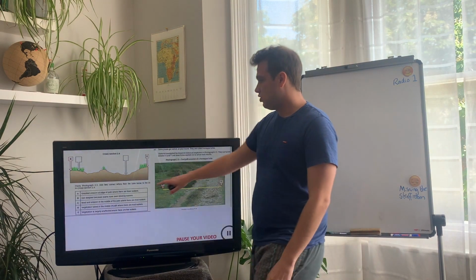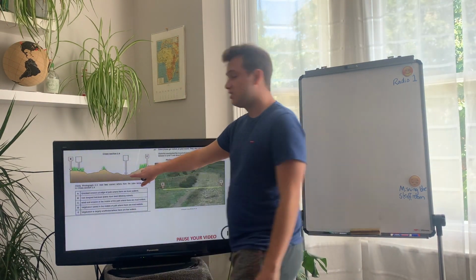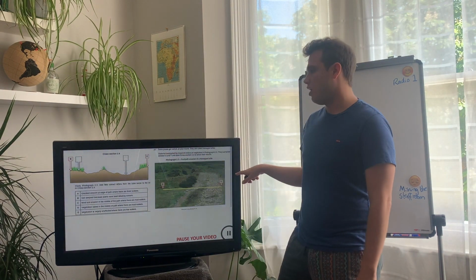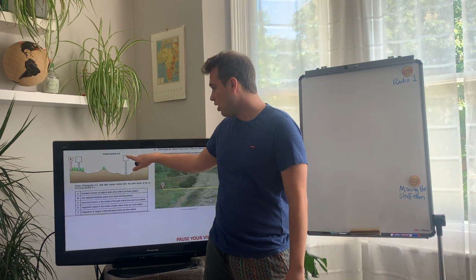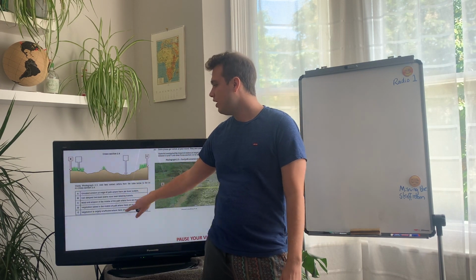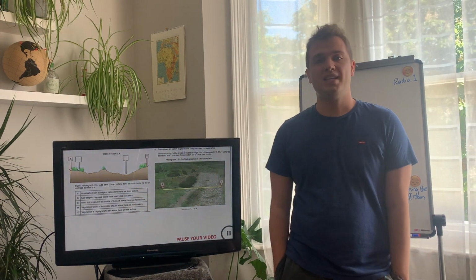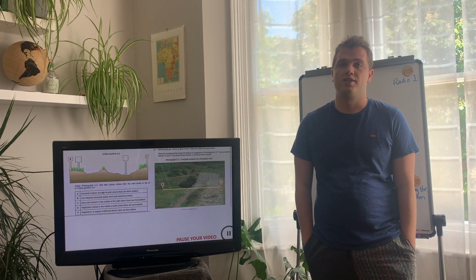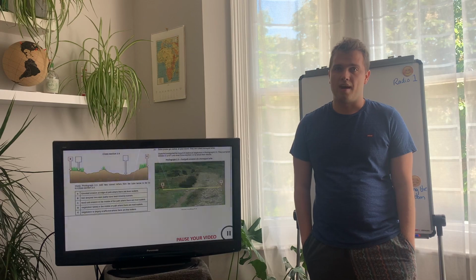So what I would like you to do, this transect on this diagram matches this. So X is X, Y is Y. In this box here, you need to put one of these 5 letters that best describes how this area of footpath has been destroyed. So pause your videos now and have a quick go at that.